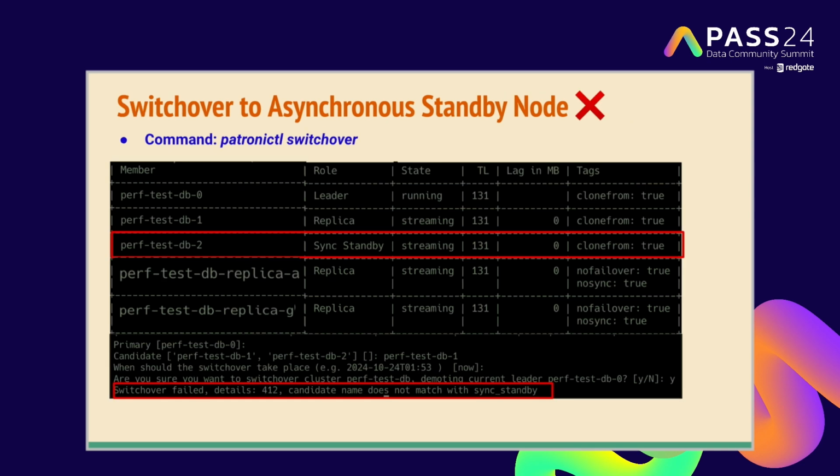So what happens in case of switchovers? I ran patronictl switchover, and it gave me a list of candidates to choose from. You can also do a scheduled switchover, but I chose to do the switchover at that point. Are you sure you want to switch over the cluster, demoting the current leader? Yes. It threw me an error saying candidate name does not match with the sync standby.